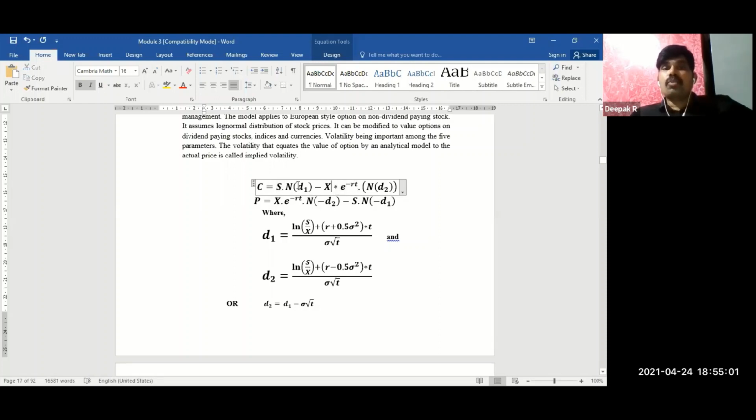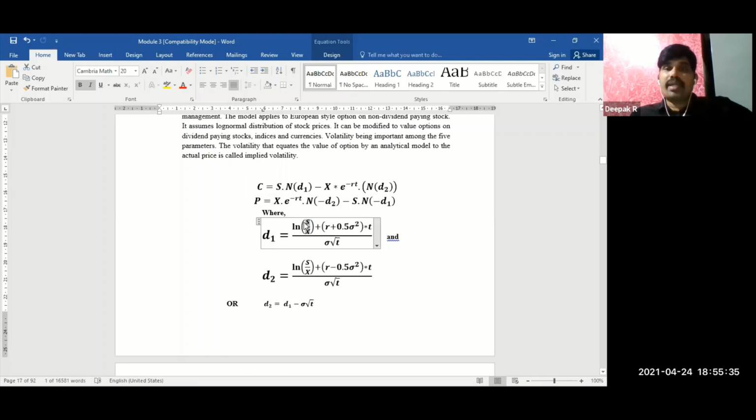Now, what they are doing is they are trying to say this is not enough, because there might be certain things like volatility and risk-free rate that will play a very important role. For that reason, we should be able to take the ratio, which is nothing but spot price divided by the exercise price.